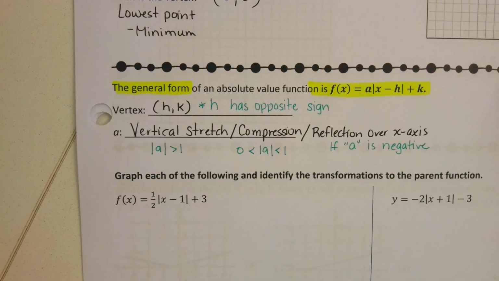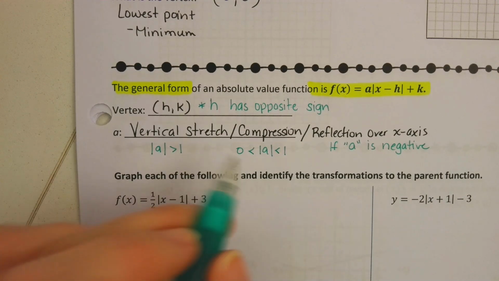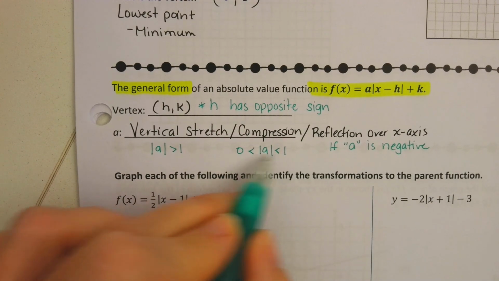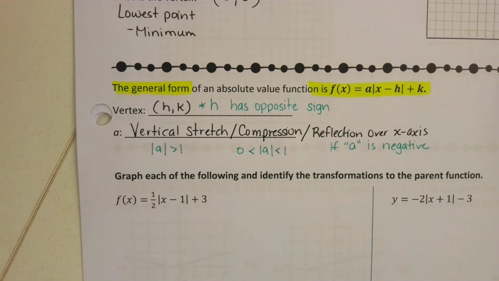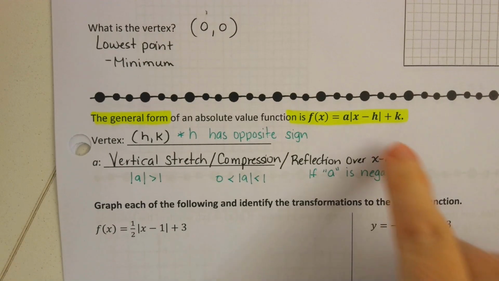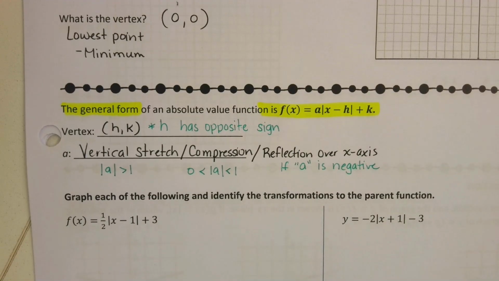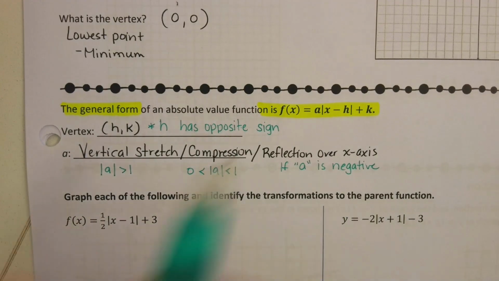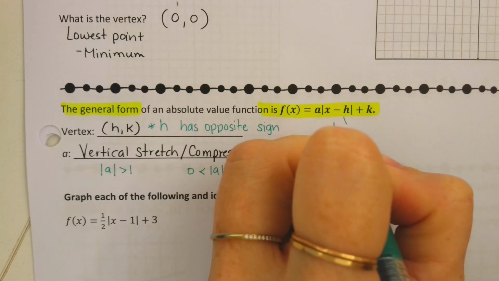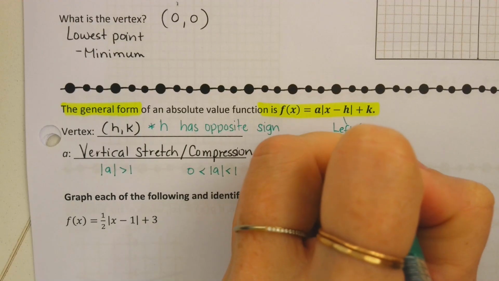What type of numbers are between 0 and 1? Decimals, fractions, yes. So if the number part is between 0 and 1, it's a compression. And then H and K, yes, they move the vertex, but they also can cause what are called translations, where you move left to right or up down. For the H value, H is what's going to cause it to move either left or right.